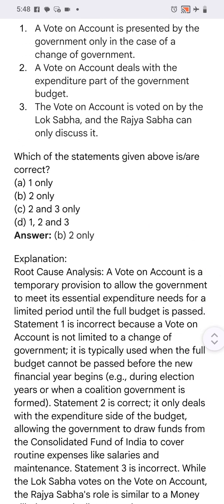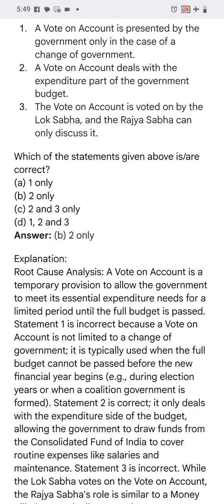Now understanding the question completely. Vote on account is a temporary provision to allow the government to meet its essential expenditure needs for a limited period until the full budget is passed. First statement is wrong; it is not only for a change of government.